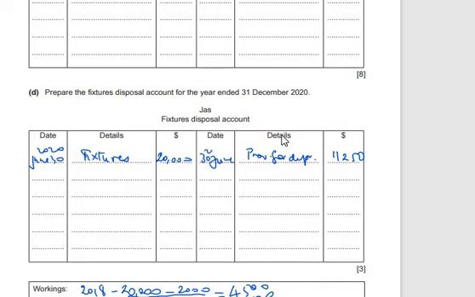Right, so on the same date, we are now going to record the sale. It was sold for 60,000. We are following the steps. This is the third step. Now we have removed the asset from the fixtures, we have removed the accumulated depreciation, and now we are going to record the sale. The sale is 60,000.